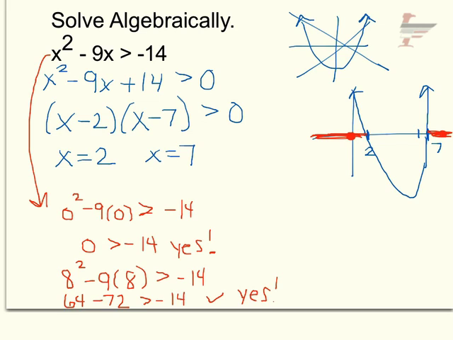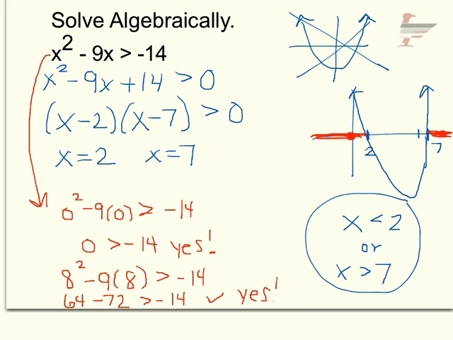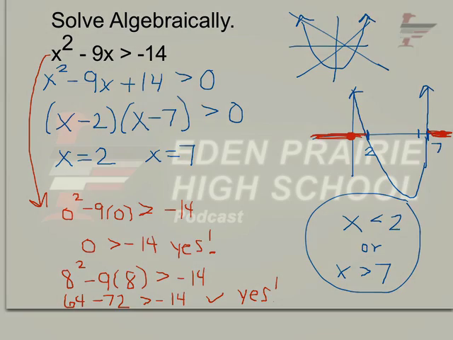So my final answer is x is less than 2, or x is greater than 7. If you had tested those points and they did not work, then you would know it's everything in between. So x is less than 7 but greater than 2.